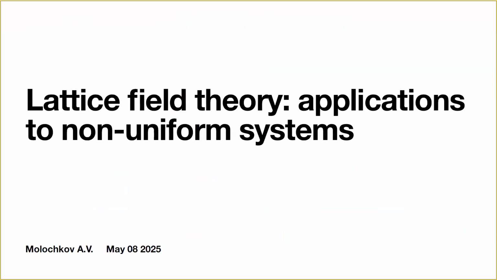So what are non-uniform systems? Here I will discuss several examples. The first example is when we have boundaries in our field theory. From the fundamental formulation of field theory, boundaries are a serious problem, because usually in the quantum field theory approach we have in and out states at infinity.